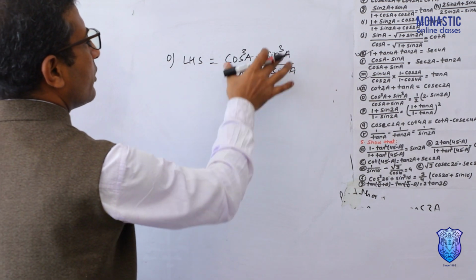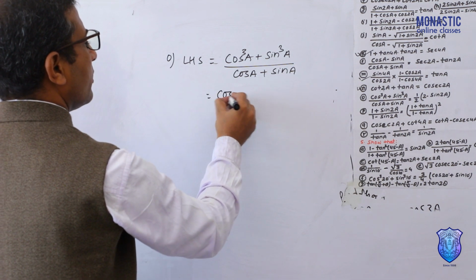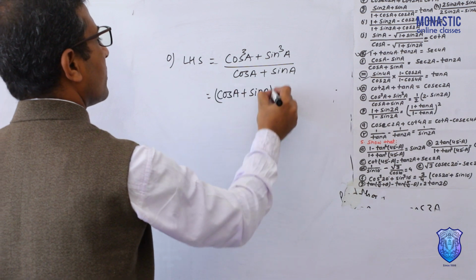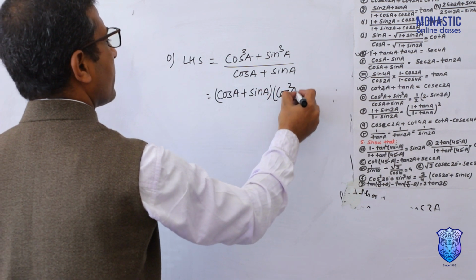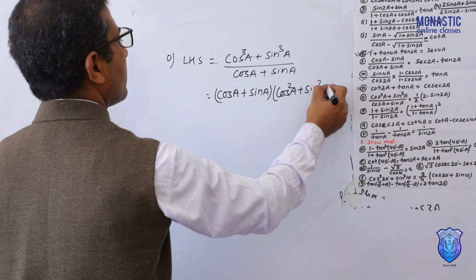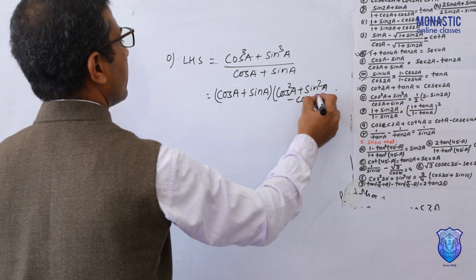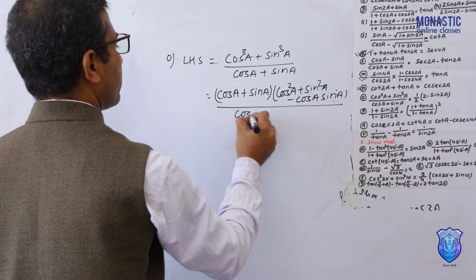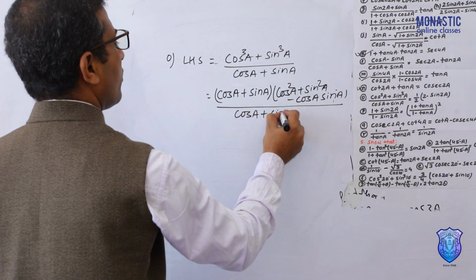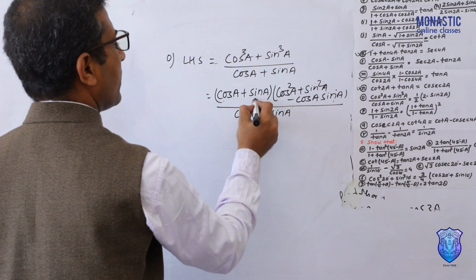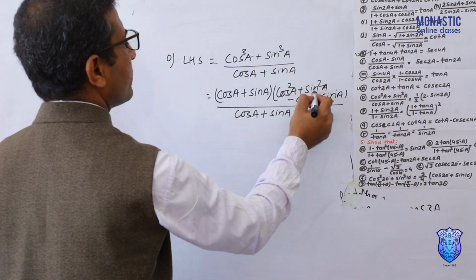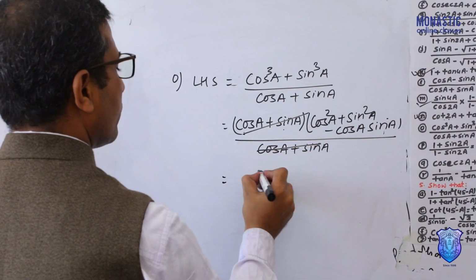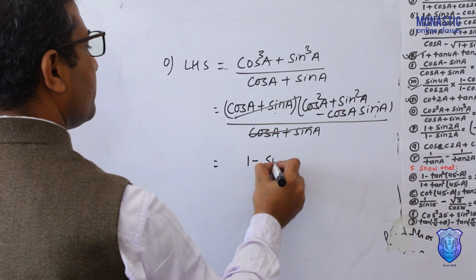So we can use the formula of a cube plus b cube: (cos A plus sin A) into (cos square A plus sin square A minus cos A sin A), divided by cos A plus sin A. We have written the formula of a cube plus b cube: (a plus b)(a square plus b square minus ab). These two cancelled. Cos square A plus sin square A is 1.